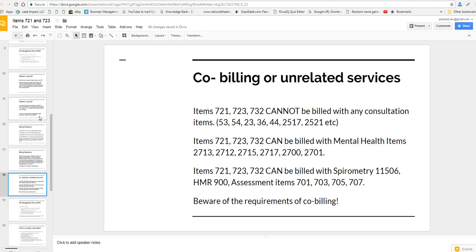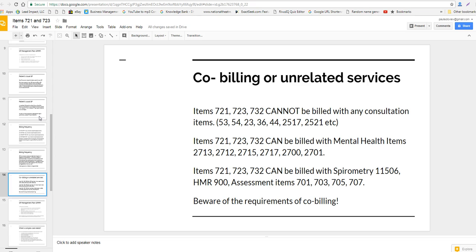Co-billing or unrelated services. Items 721, 723, 732 cannot be billed with any consultation item. VR or non-VR, no consultation item can be billed together with a care plan. It can be a service incentive payment item or a consultation item. That cannot be billed, and it will be rejected by Medicare.